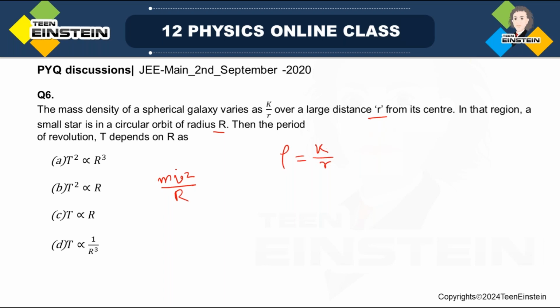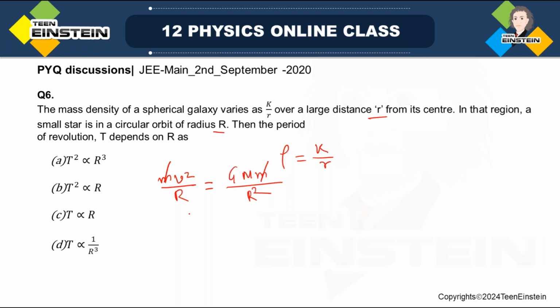This is the centripetal force for the revolution of the star in a circular orbit of radius r, which is obtained from the gravitational attraction by this galaxy. So that force will be G M m divided by r square, where G is the universal constant. Now this m can get cancelled.